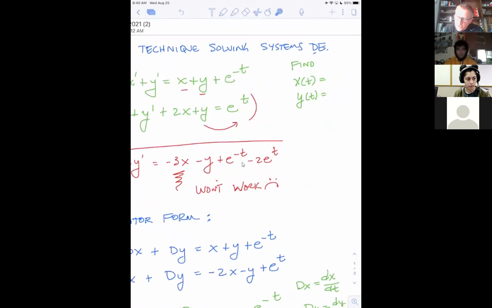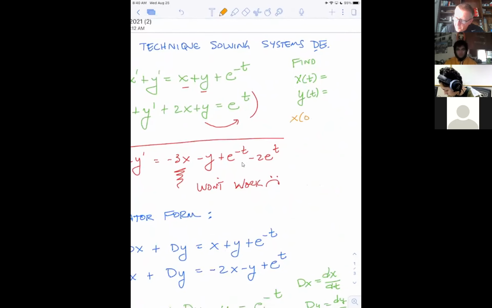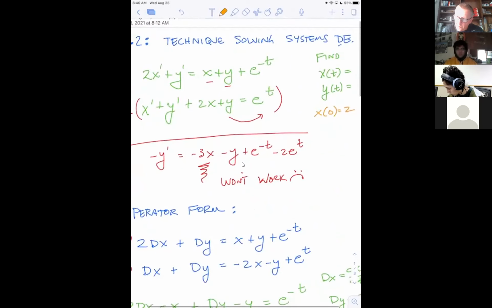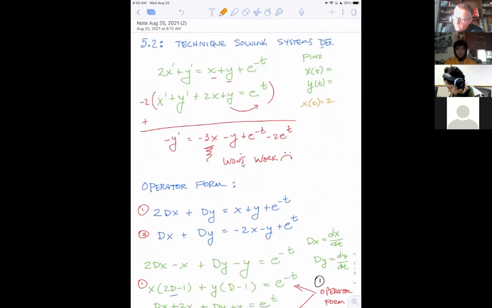So let me go back to the start and just add in some initial conditions, because that is one part of this that isn't obvious. We do need to think about that a little bit, because you might remember yesterday that was a little bit weird. Notice these are first order differential equations. And so knowing where you started, x at time 0 is 2, and y at time 0 is -1.